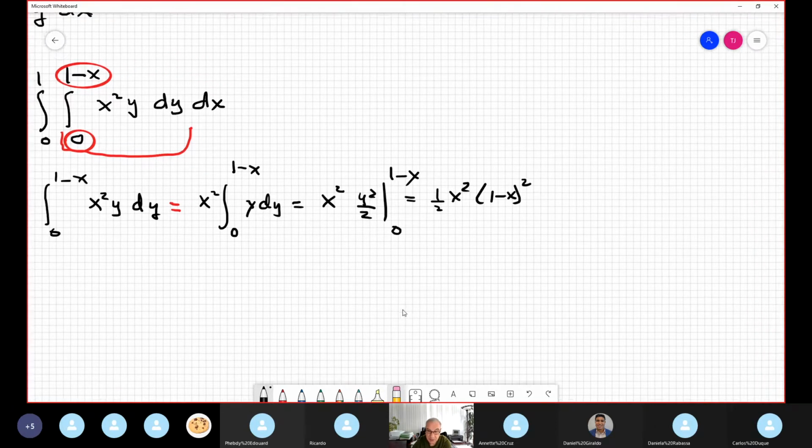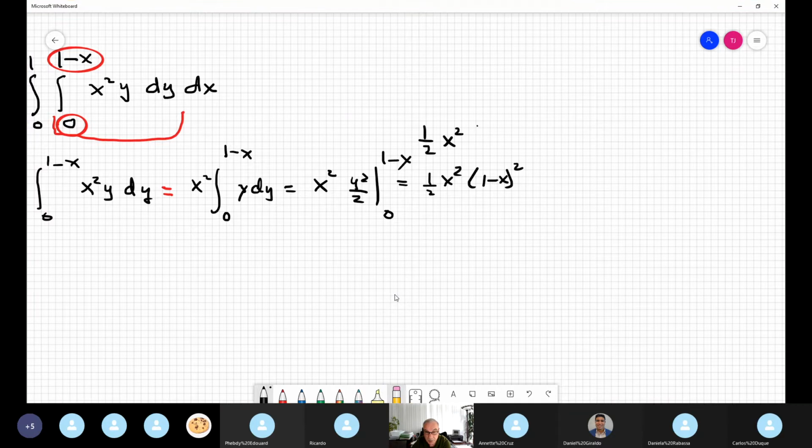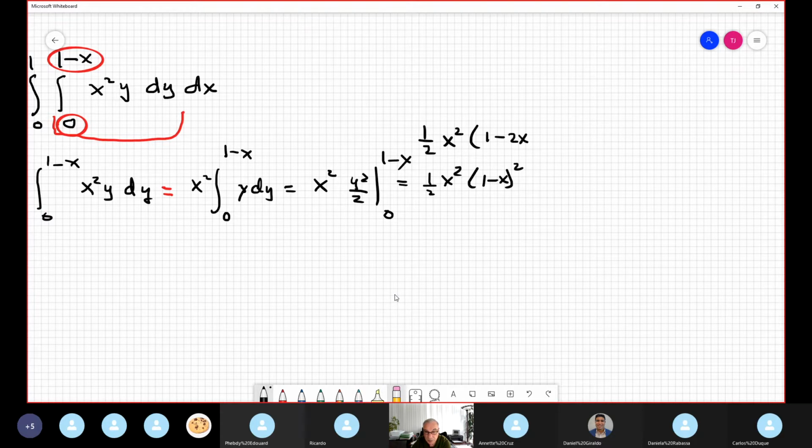If you expand a little bit, it is 1/2 x squared times 1 minus 2x plus x squared.